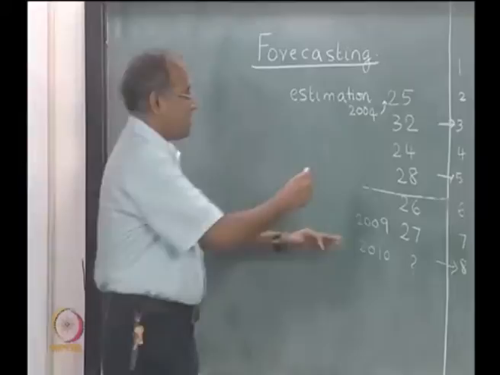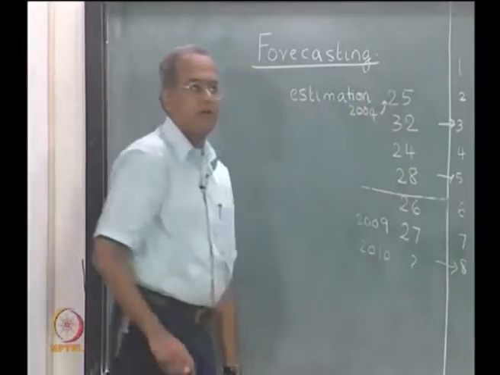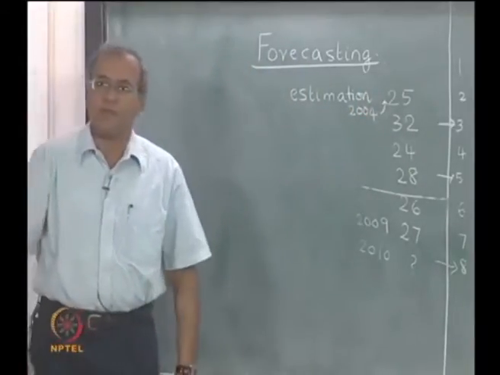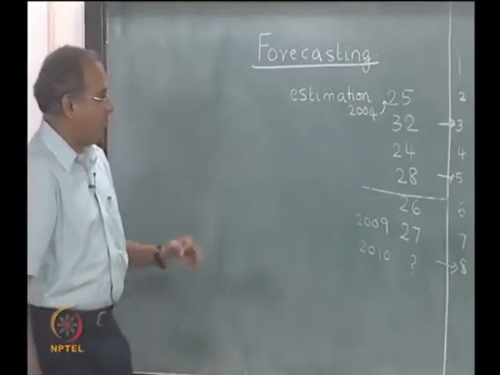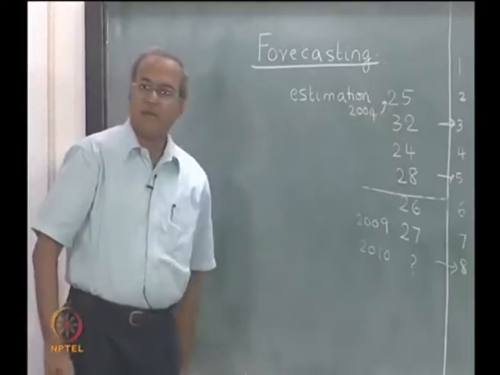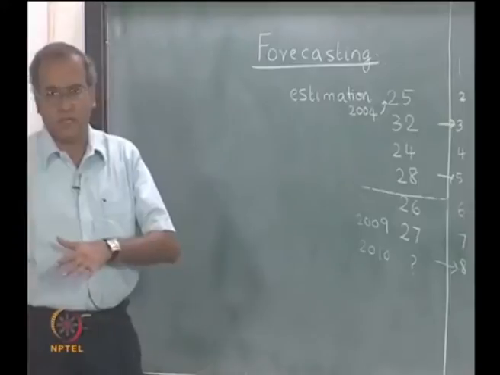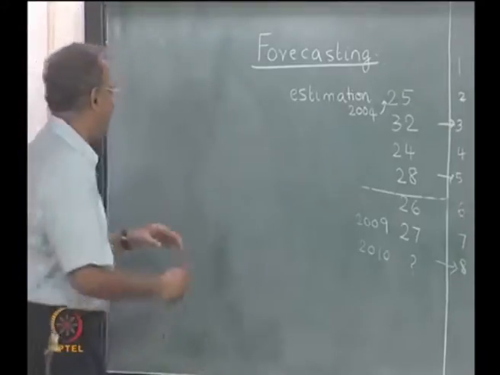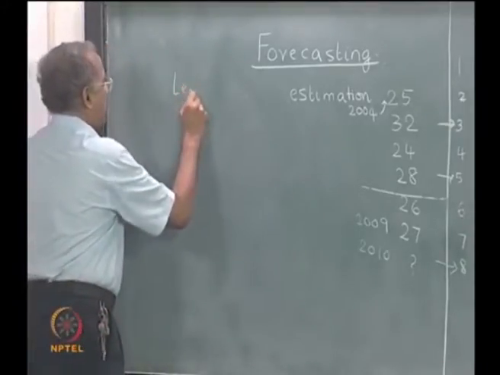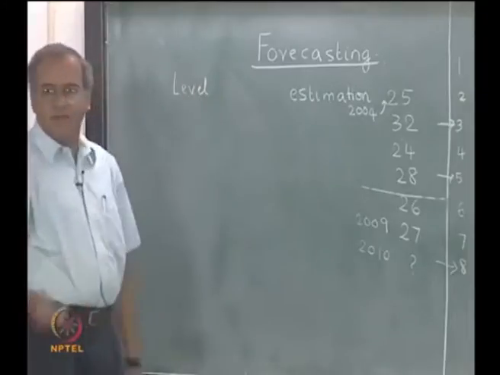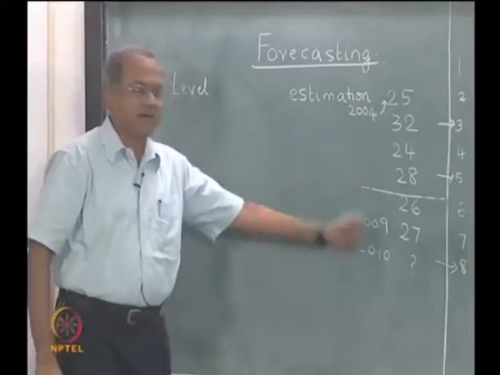But if we look at this data and before we start making any forecasting, we need to understand whether this data actually represents a constant or what is called a level, or whether there is some kind of a trend that is happening.